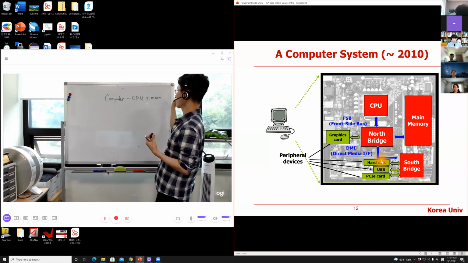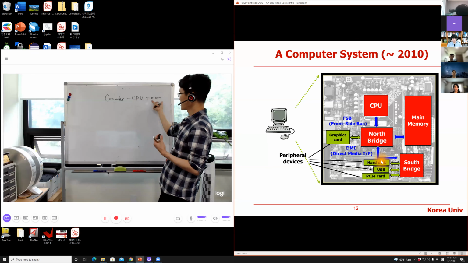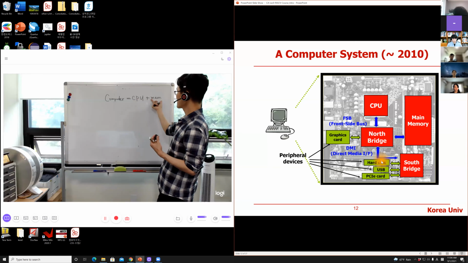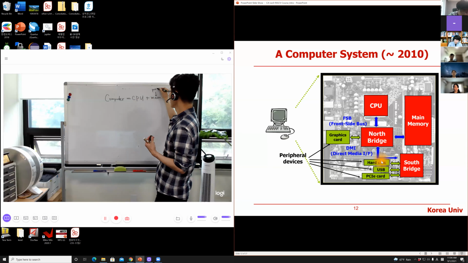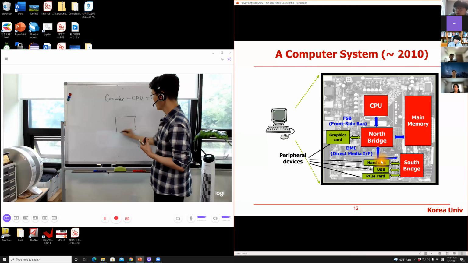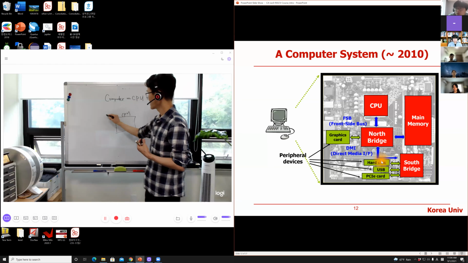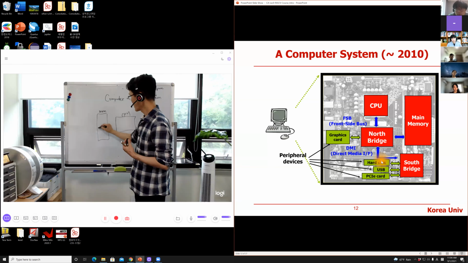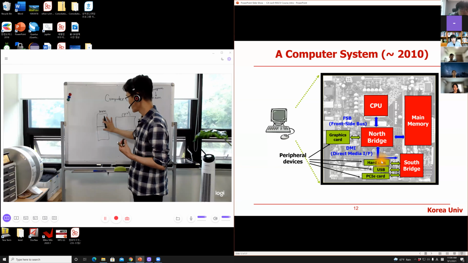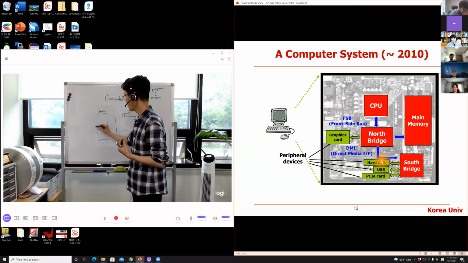The second component is called memory. Memory stores your program, right?